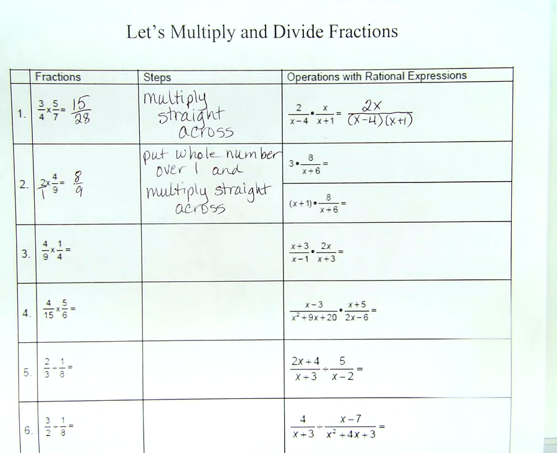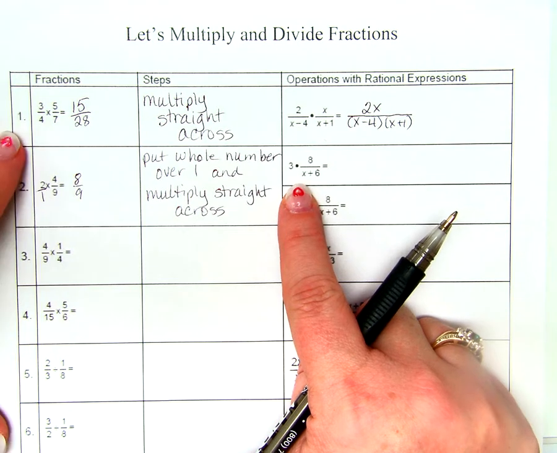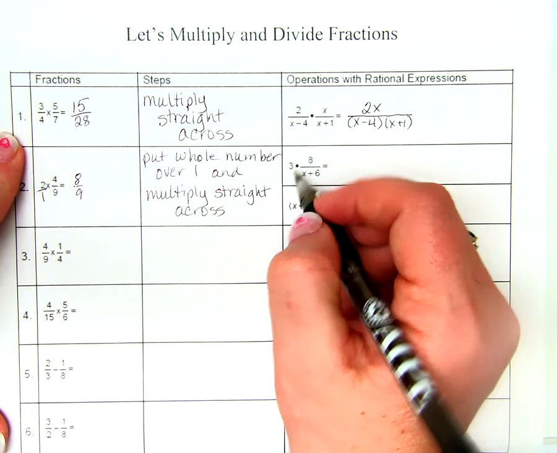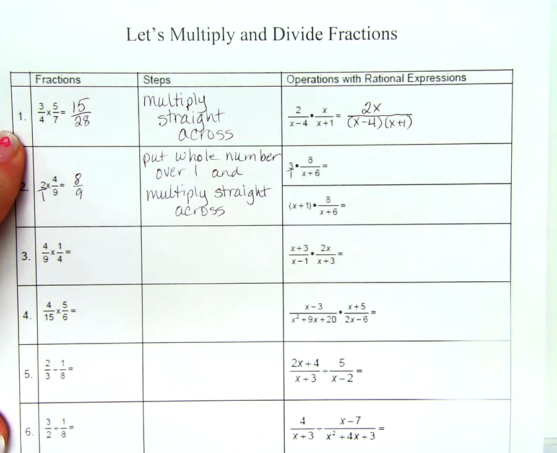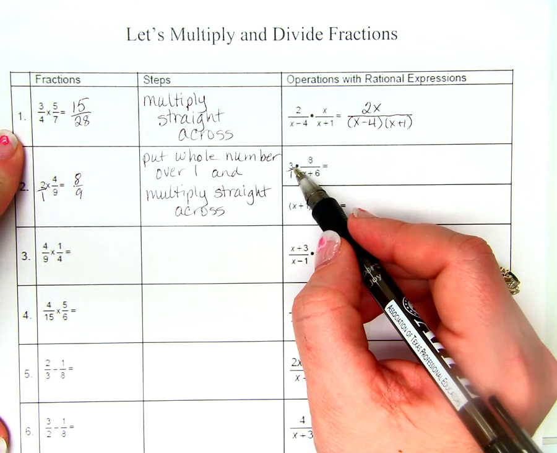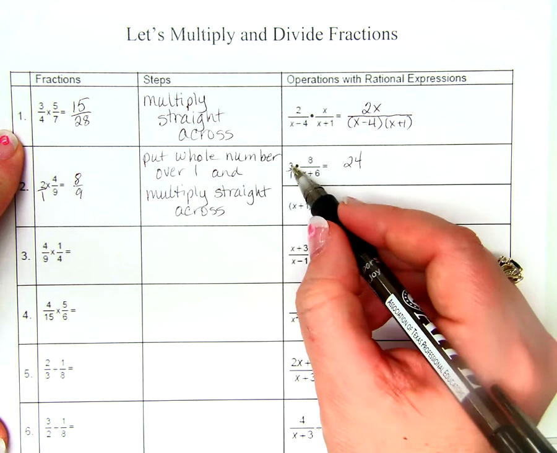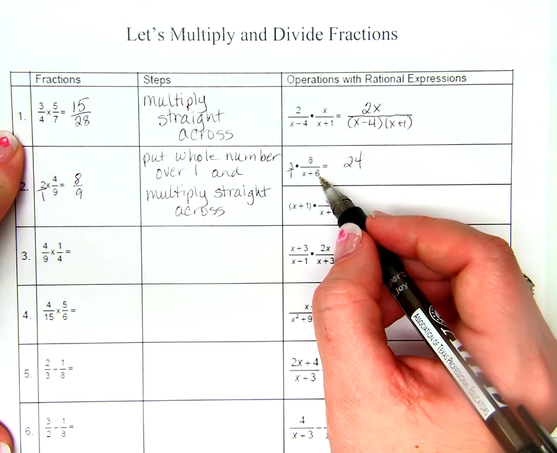Reggie, what should I do here? Put a 1 under the 3 like that? And do what? So what do I multiply the 3 by? And what do I get? 24. And then I multiply the 3 times the x plus 6?